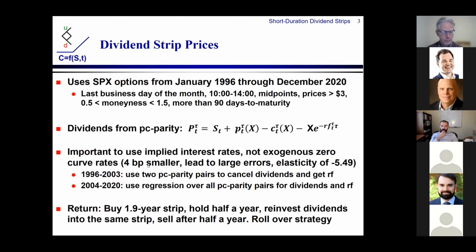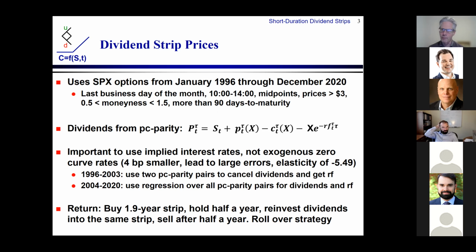Now, what is the true interest rate? Ben has some older work on that. And from put-call parity, we can actually find out not only the dividend that the market assumes to receive and the present value of that dividend, but if we are using two pairs of put-call parity puts and calls, then we can solve for two variables.